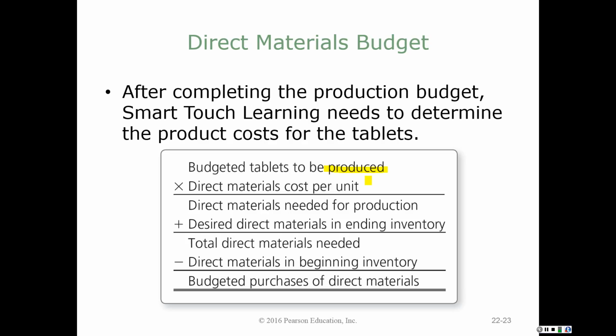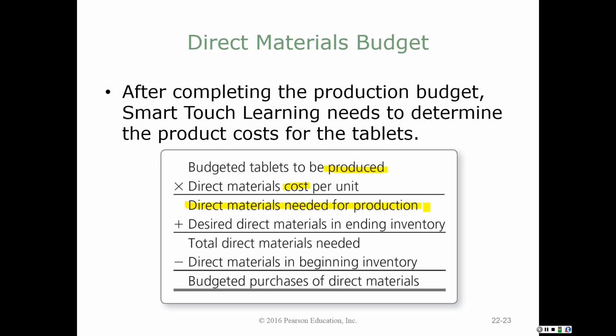If you are an accounting major and you move into the next level of cost accounting or our graduate accounting course in the MBA program, we will talk about how we determine the amount of materials that we need and then the cost of those materials. But here, the number of tablets we need to produce times the cost of the materials that we're going to use for each unit, and that is the amount of direct materials that I need for production.